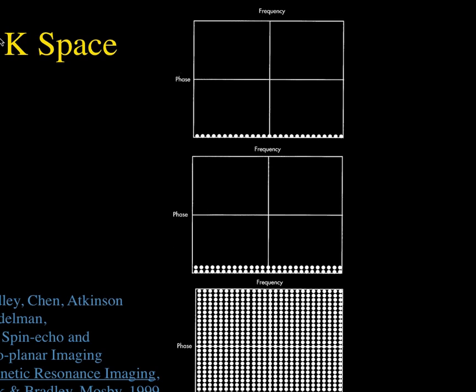Then you can take that information that you've stored, and you can manipulate it in certain ways, whether you want to apply the Fourier transform and take the center out, or take the periphery out, or take half of it out, or you can use the information that's stored in there to create images in different ways.